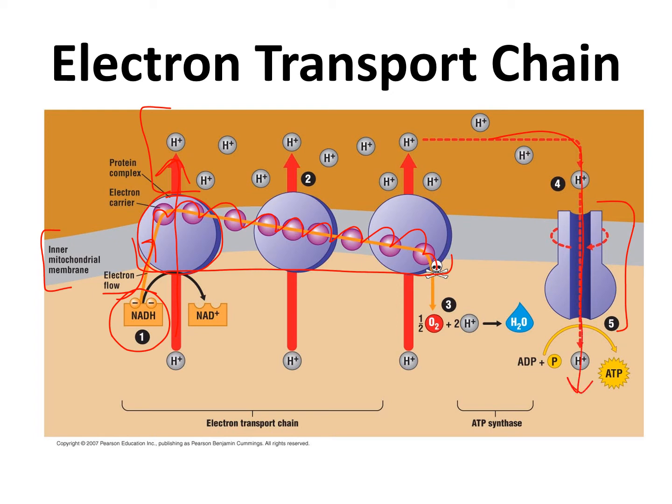So they're diffusing from an area of high concentration to an area of low concentration. And this flow of hydrogen ions is going to power the ATP synthase to produce ATP.